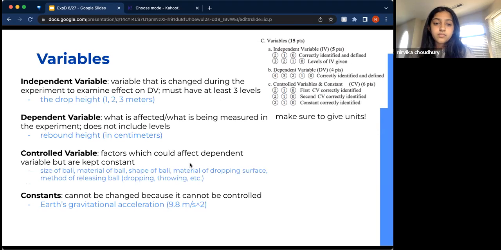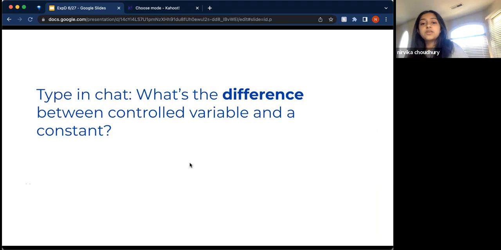Okay, so type in chat, what's the difference between a controlled variable and a constant? Yeah, you cannot control a constant, but you can control a controlled variable. Yeah, all of you got it.